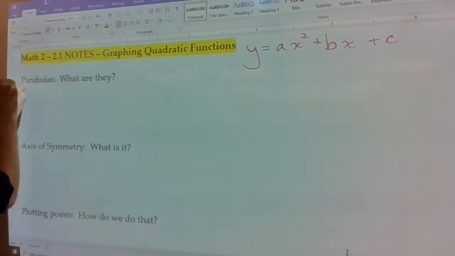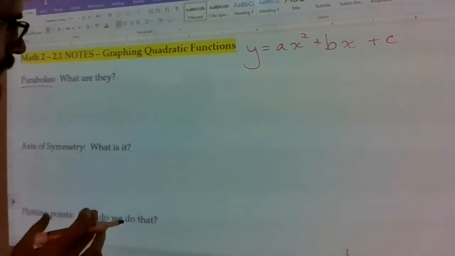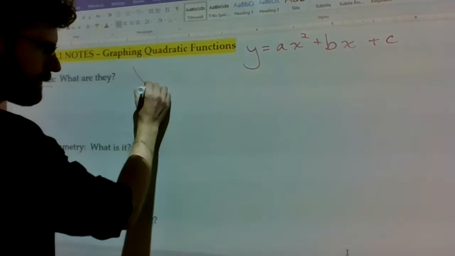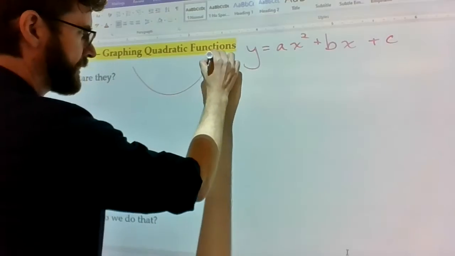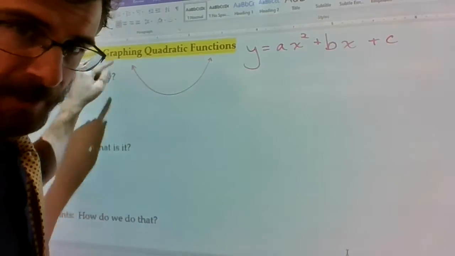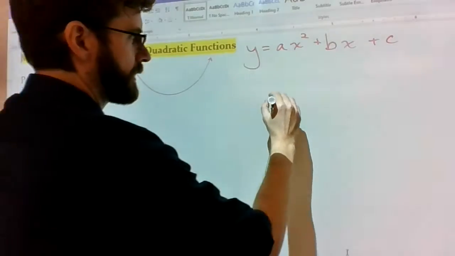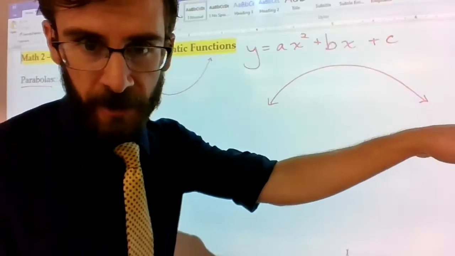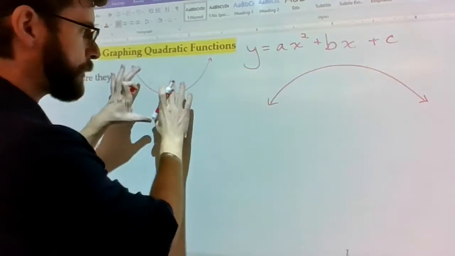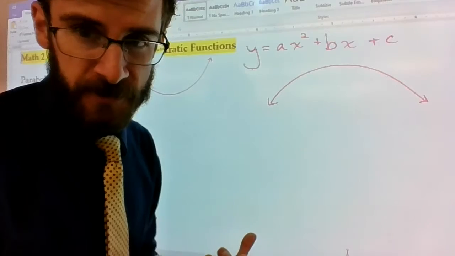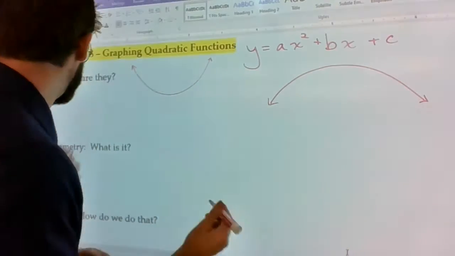What is a parabola? Well, a parabola is a symmetrical curve that either swings like a pendulum in this way, or it's like throwing a baseball and seeing it drop on another side of the field. So parabolas are U-shaped polynomial functions that have symmetry.